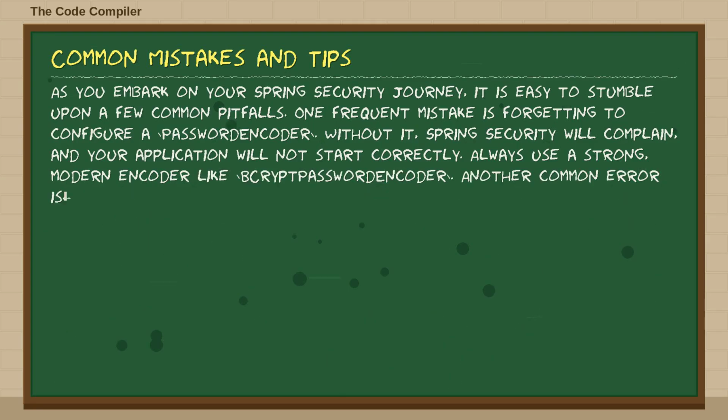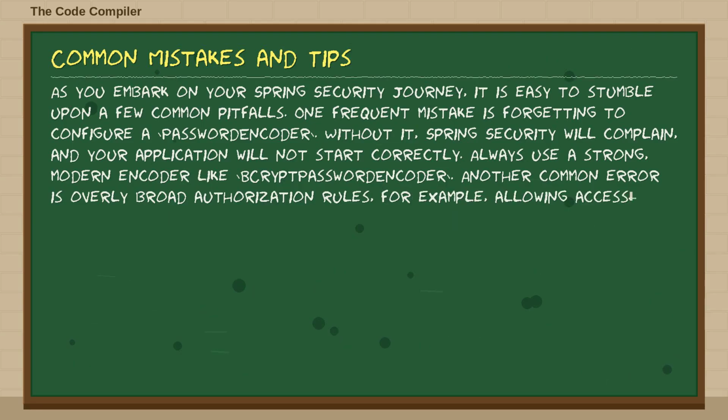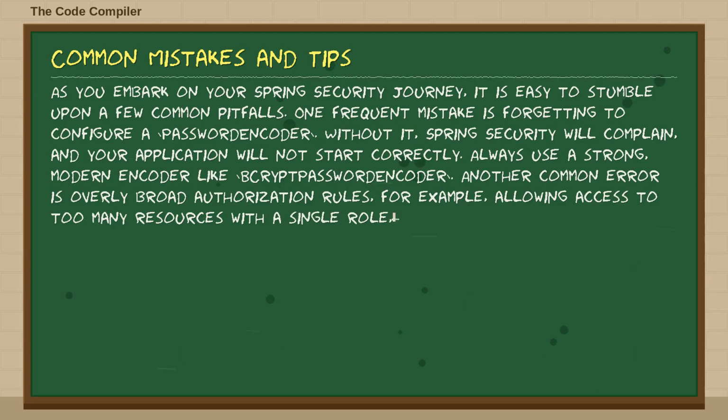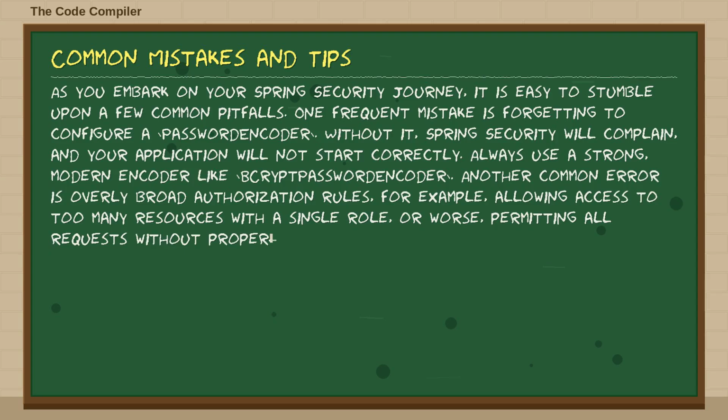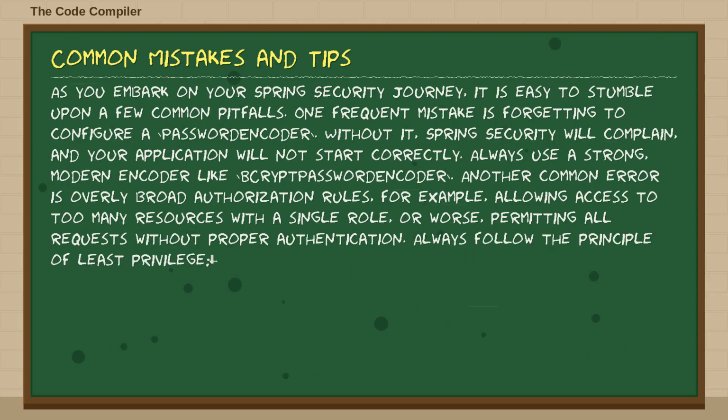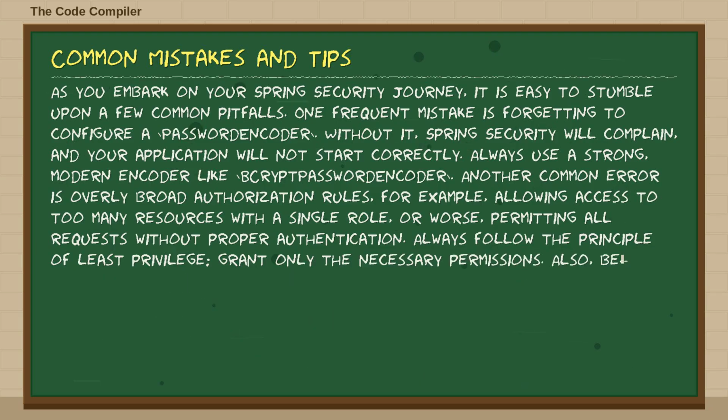Another common error is overly broad authorization rules, for example, allowing access to too many resources with a single role, or worse, permitting all requests without proper authentication. Always follow the principle of least privilege, grant only the necessary permissions.